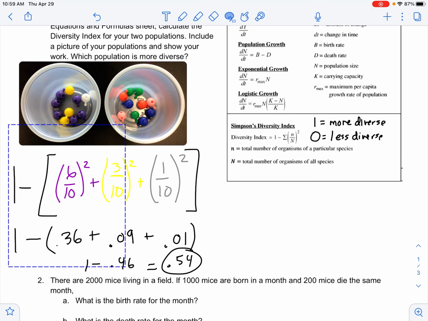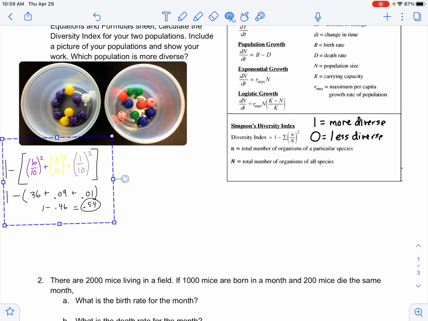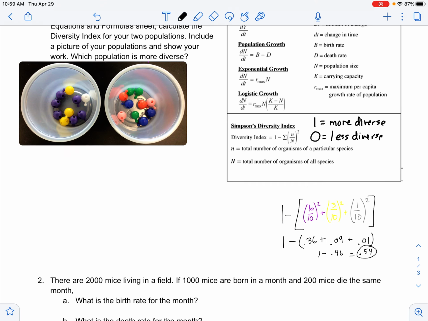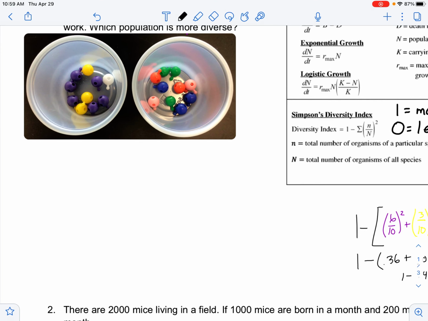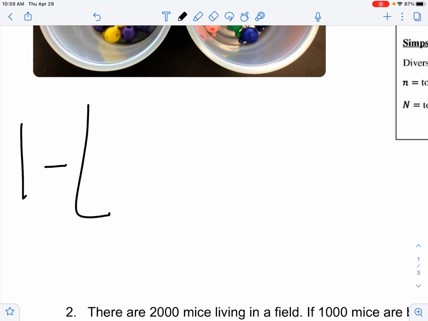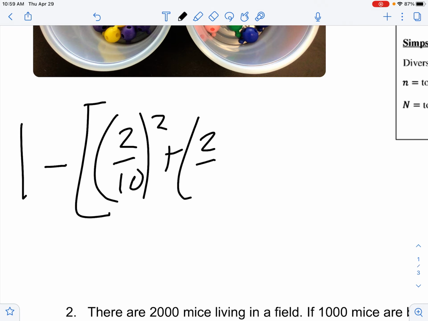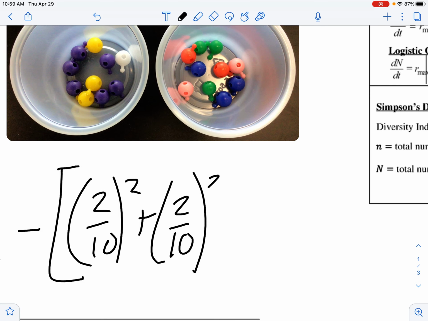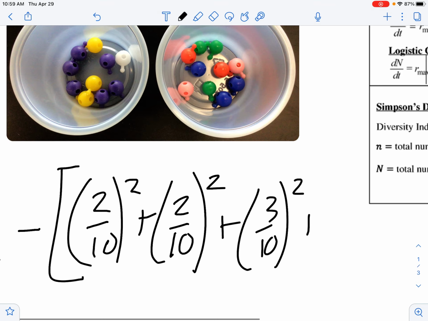I'm going to shrink that so I have more room to work here. There's the first one that we did, and now we'll work with the second container. It looks like it's all 2s and 3s: 2 pinks, 2 oranges, 3 blues, 3 greens. So I'm just going to go 1 minus 2 over 10 squared, for the pink, plus 2 over 10 squared for the orange, plus 3 over 10 for the blue, and 3 over 10 for the green.